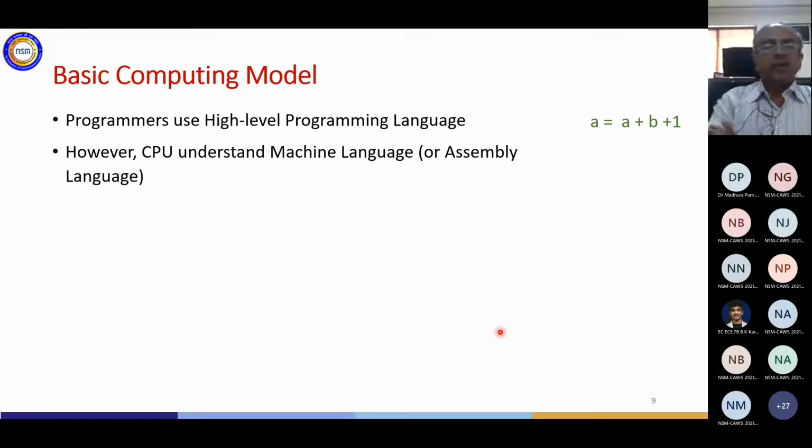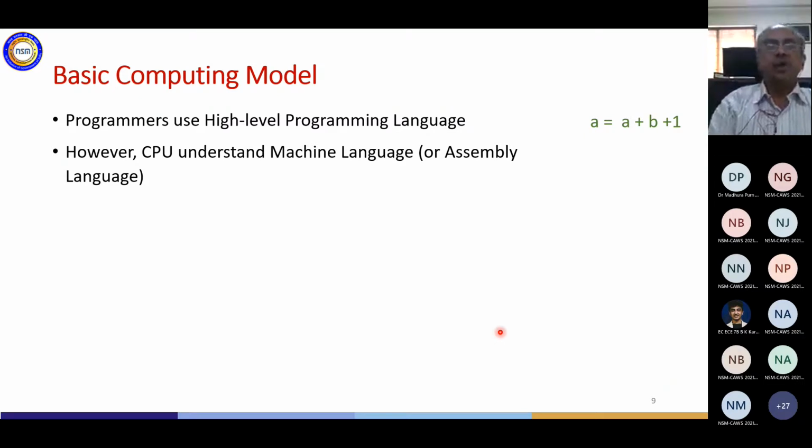However, as we mentioned, the CPU can understand only machine language or binary code. Please remember that machine code is directly mapped to assembly language. That means for every statement in assembly language, there will be an operation code followed by the operand. So assembly language has a one-to-one correspondence with machine language. You can use these words interchangeably, but assembly language uses mnemonics and labels, which is very close to English, whereas machine language is a sequence of ones and zeros.